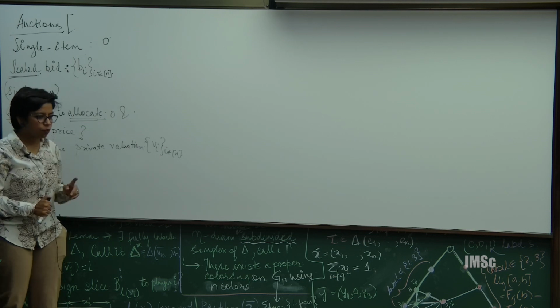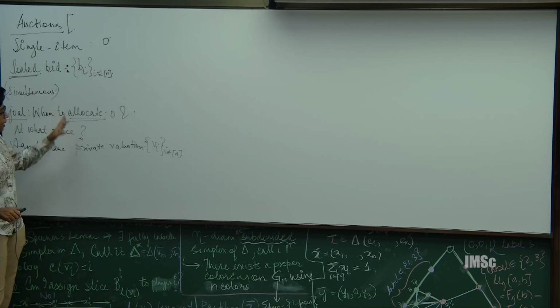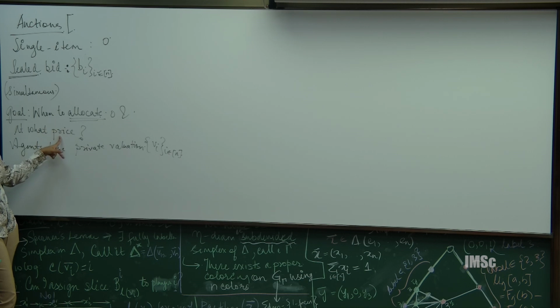So, first and foremost, his bidding could very well depend on how this item will be allocated and at what price, right. Let us take the most obvious thing. I am a seller, I want to make a profit, so I am going to assign the item to the person who bids the highest, correct. Now, the people who are bidding have some valuation.